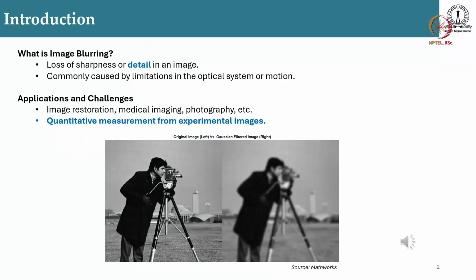Before diving deep into depth from defocus, we will first try to understand the fundamentals of how a blurred image is formed. With the advent of modern cameras that are easily accessible to everyone, every smartphone nowadays has a very powerful camera.